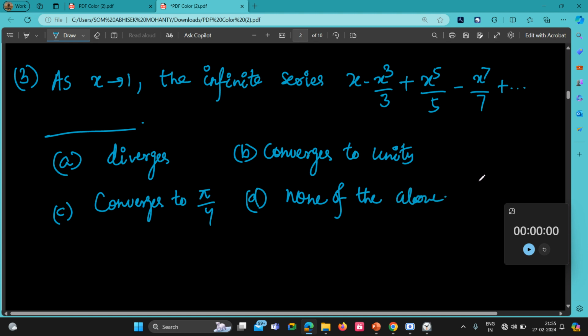As x tends to 1, the infinite series x minus x cube by 3 plus x fifth by 5 minus x 7 by 7 plus dot dot dot, what happens to it? Diverges, converges to unity, converges to pi by 4, none of the above. Please try.